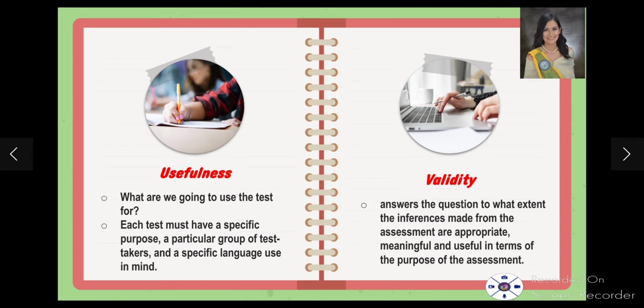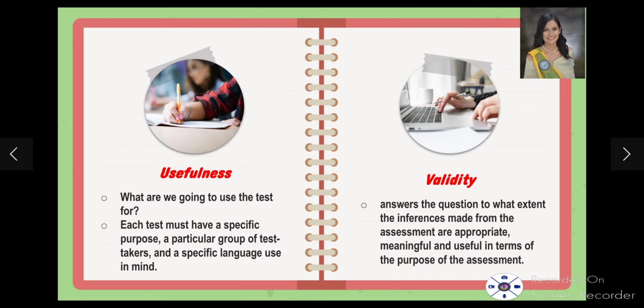So there are three types of validity. The first one is the content validity. The test assesses the course content itself. Next is the construct validity. So the fit between the underlying theories and methodology of language learning and the type of assessment.